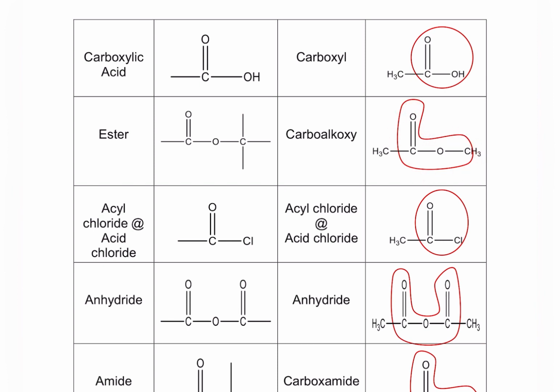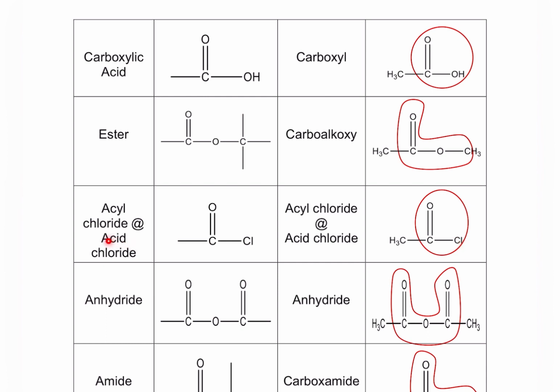Next one we got acyl chloride or acid chloride with the structure of functional group C double bond O attached to single bond Cl. It's going to be the same name for the functional group as the class of compound. But make sure you circle C double bond O including the halogen.